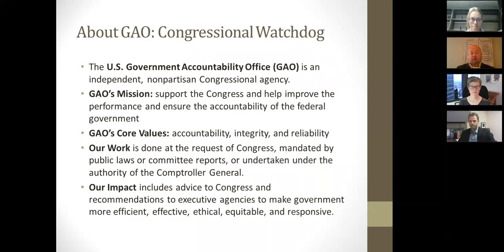We, again, work for Congress, and they either request the work of us or they mandate it in public law for us to look at particular issues, because we do work for the Congress and we help them with oversight. Anywhere that federal money is spent, we generally have jurisdiction to go in and evaluate it. So as you heard from my colleagues, we have a wide breadth of work and experience just amongst ourselves.